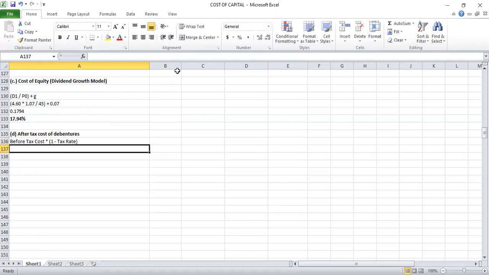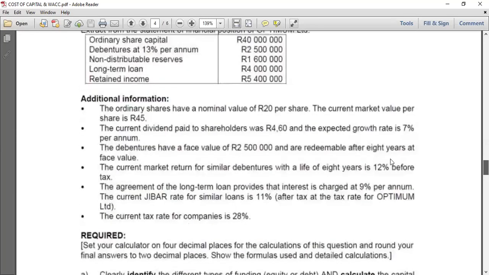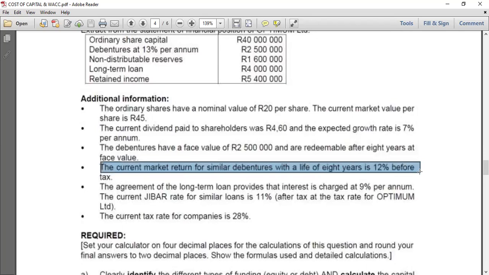The before tax cost is the cost on similar debentures. We are told that the current market return for similar debentures with a life of 8 years is 12% before tax. So your return on similar debentures with a life of 8 years, that's your cost.